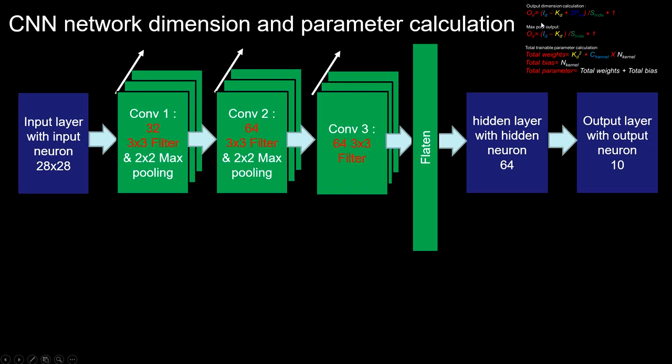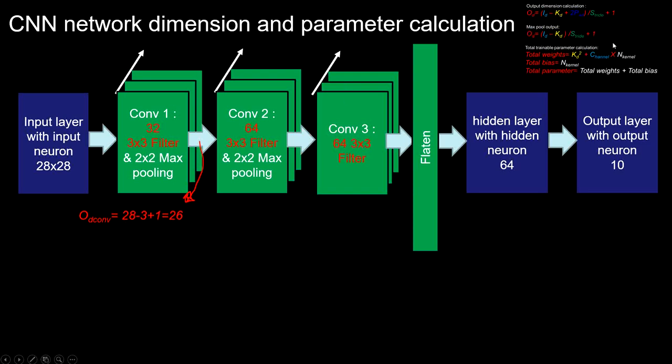So first, let's calculate the dimension of every process. For the first part of the calculation, if you wish to calculate the output dimension, your input will be 28 times 28. Just recap this equation: input minus kernel plus 2 padding over stride.